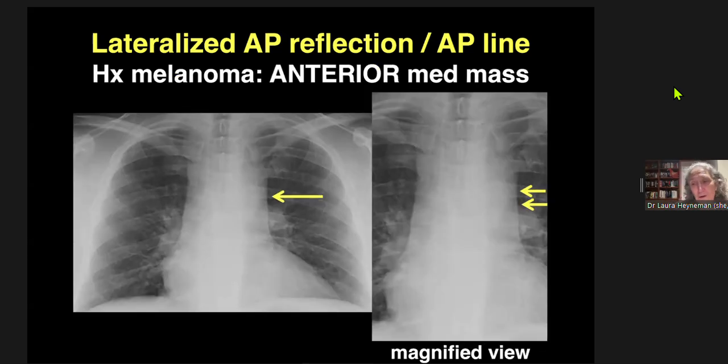The problem becomes when you have, for example, a history of melanoma, as in this patient. I don't want to just assume that this is fatty deposition. I know that there's something going on in the anterior mediastinum, and I want to be sure, frankly, that there's not a metastasis to an anterior mediastinal lymph node.